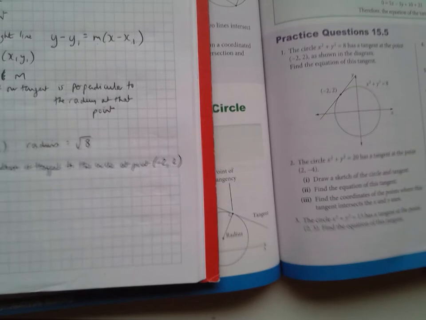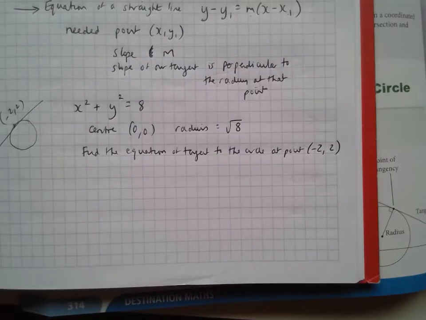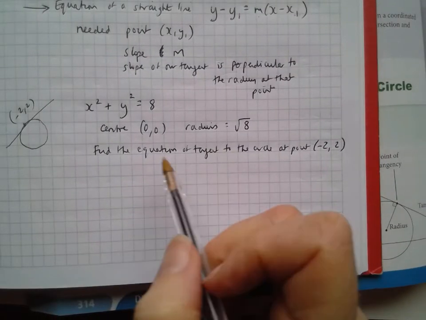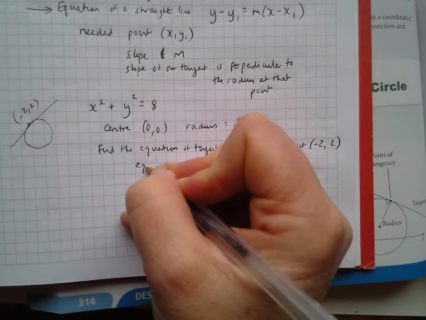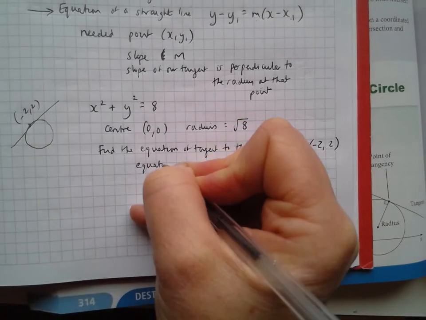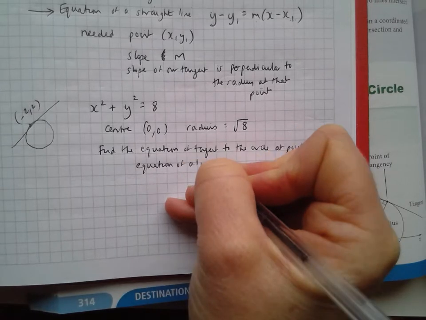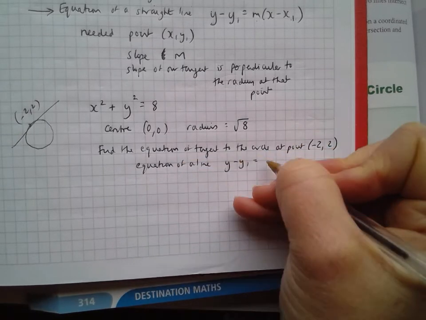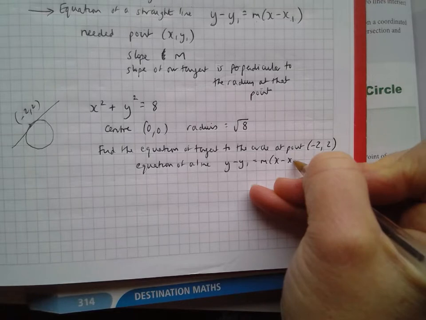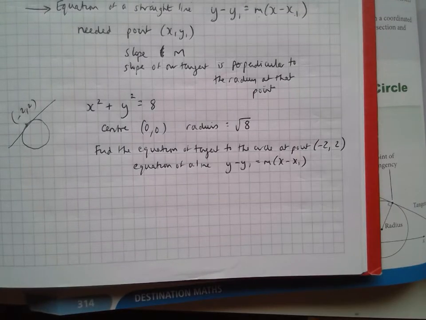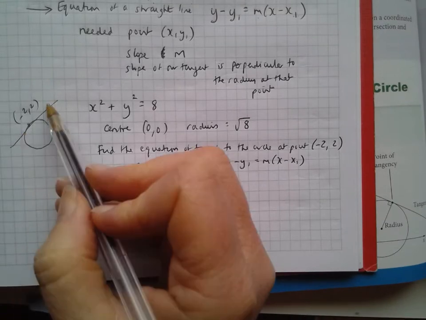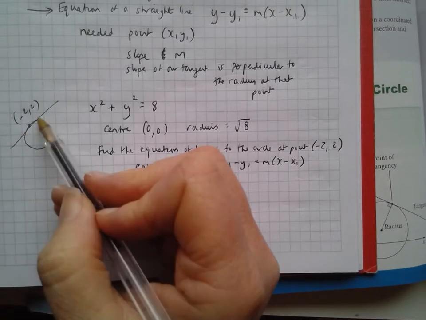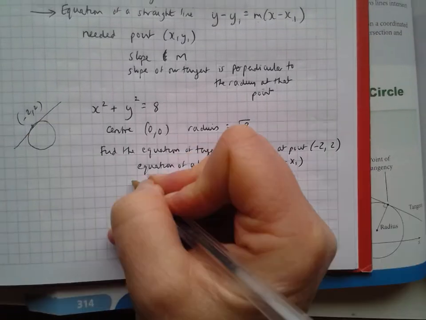Now, remember I said the equation of a tangent is the equation of a line. y minus y1 is equal to m times x minus x1. We know that the point that's on the line, that's also on the circle, but the point that's on the line is minus 2, 2. So x1, y1 is minus 2, 2.